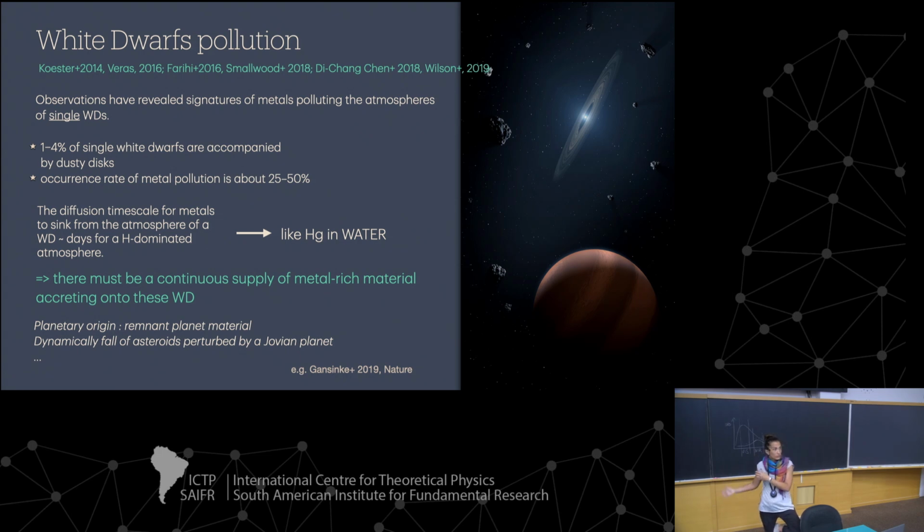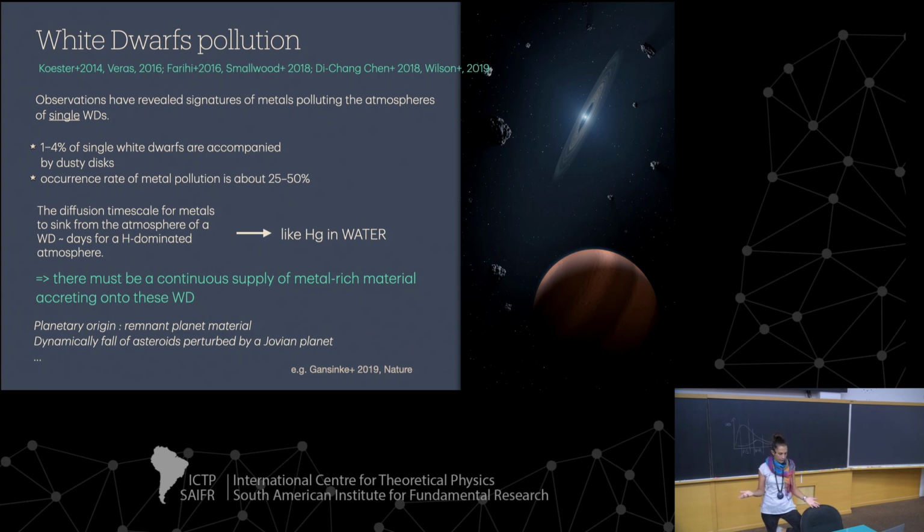But then observations found that between 25 and 50% of the white dwarfs we were observing had a contamination of metals. And it cannot happen, because that metal is going to fall down and that's it. But they kept seeing it and seeing it. That means something was contaminating, polluting the atmosphere of this white dwarf with metals.